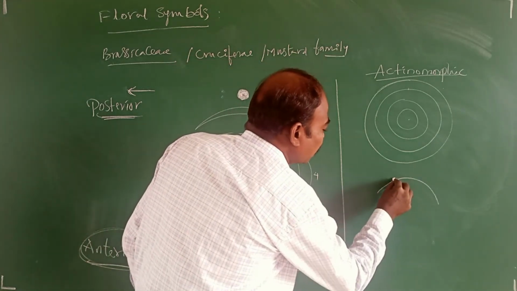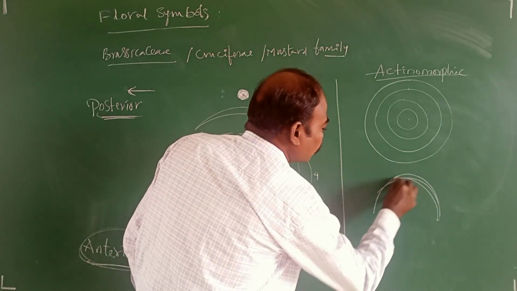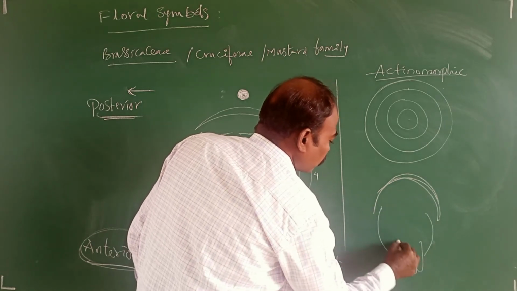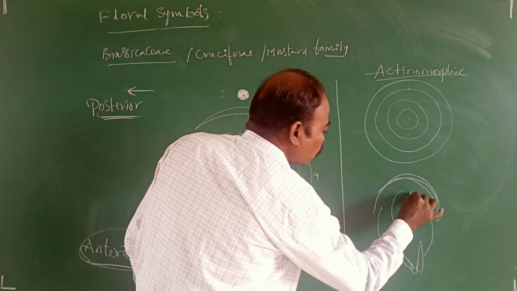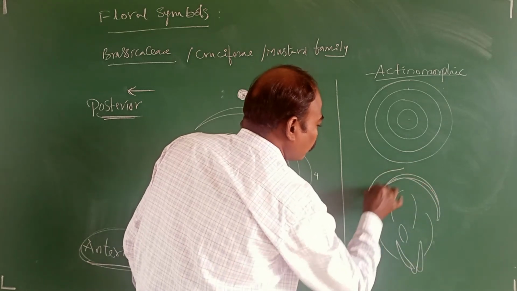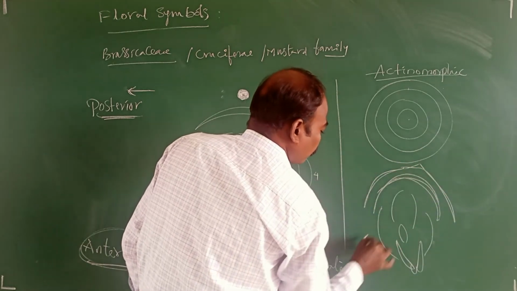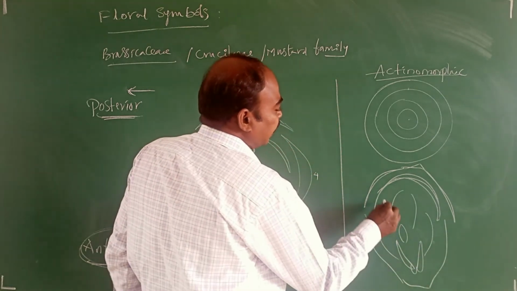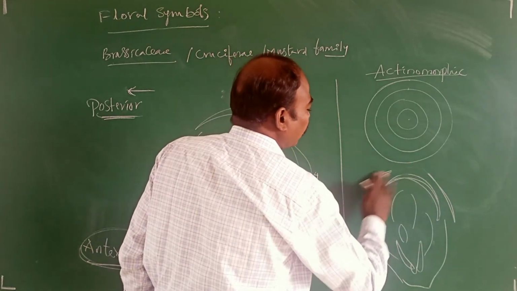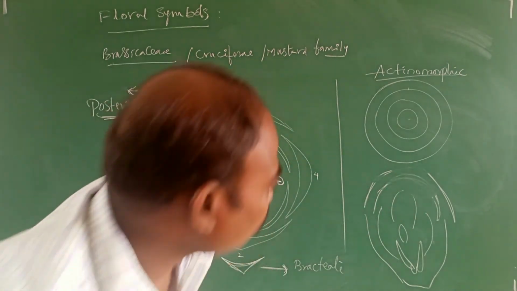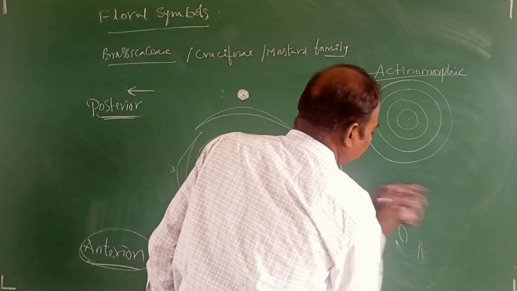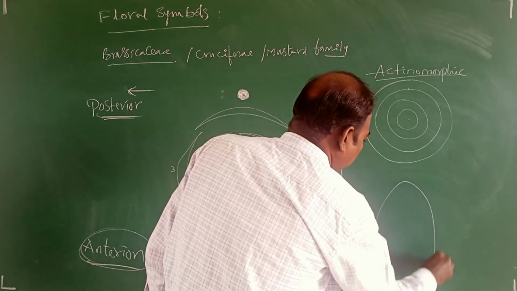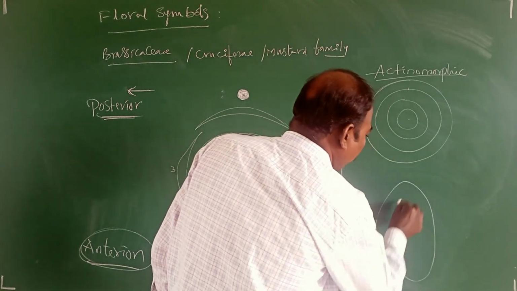Suppose the floral diagram is drawn in elliptical lines, an oval shape. This indicates zygomorphic.